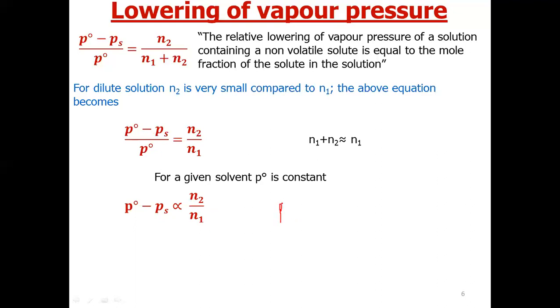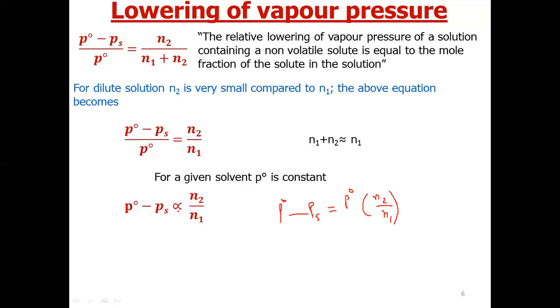So P naught, we can rearrange it as P naught by Ps is equal to, taking it to the right hand side, P naught times N2 by N1. Or we can write this, by keeping the constant out, as P naught minus Ps is proportional to N2 by N1.